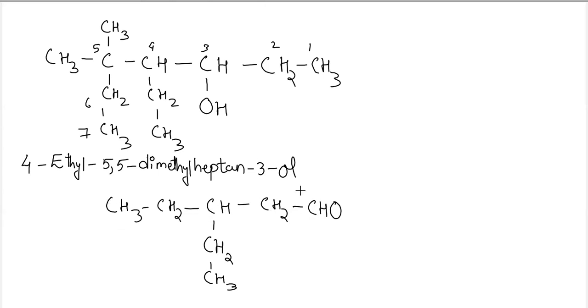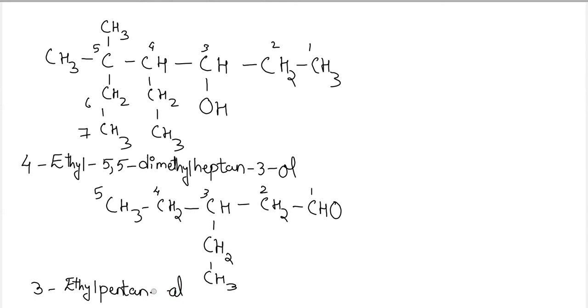So the carbon atom containing the aldehyde, that is the functional group here, will be in the longest chain which contains the functional group, and the name of this compound will become 3 ethyl, okay, 3 ethyl, and for 5 carbon atoms, pentane, pentan 1 al or pentanal.